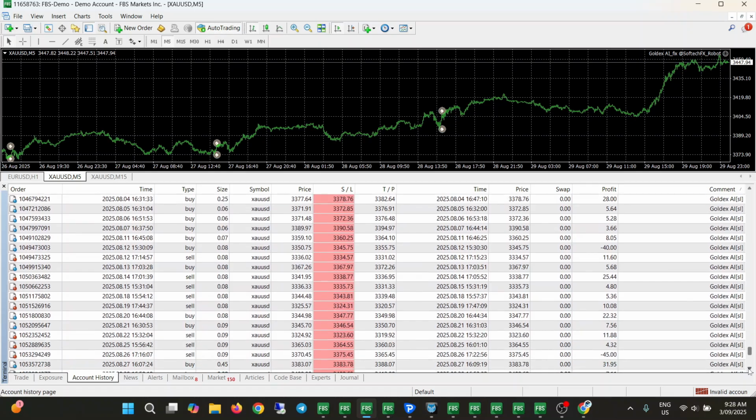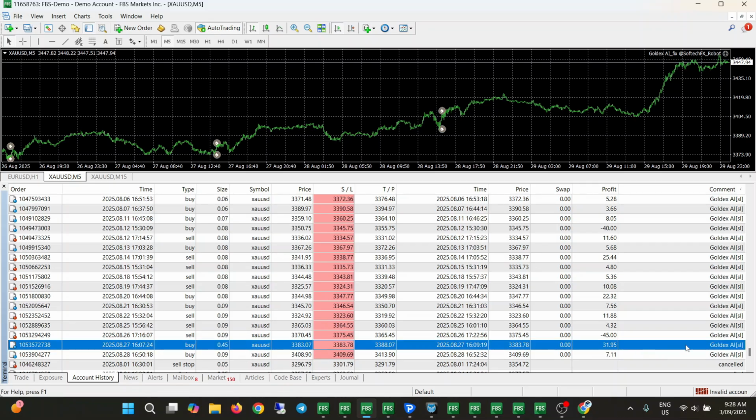You can see here that it does take losses, and most of them are trailing stops. Once it gets in profit, it will trail, and I would say that GoldX, looking at this 0.45 lot trade, was probably the one that caused the drawdown.